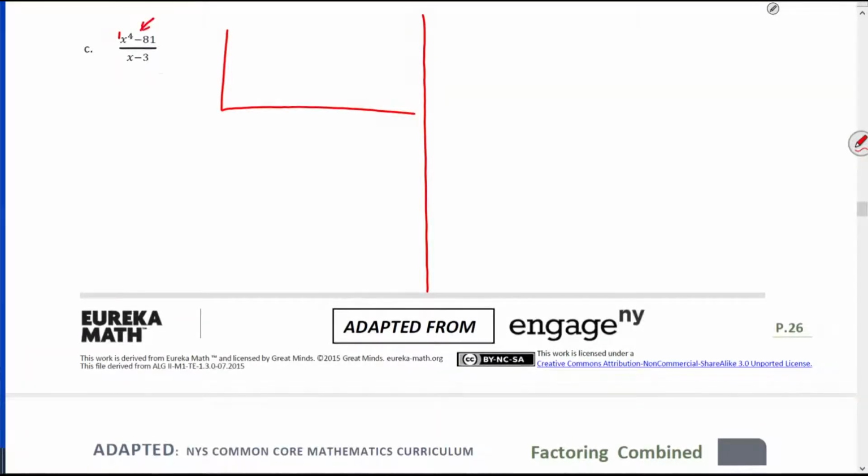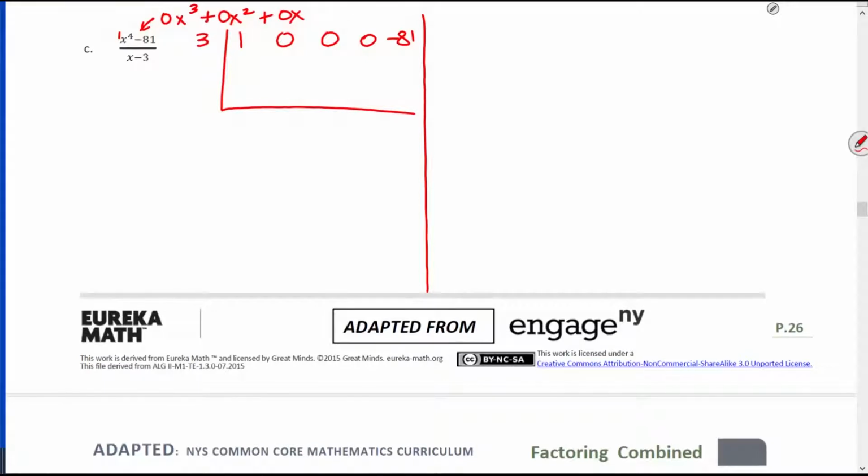I'm missing x cubed and x squared and x. So my coefficients are 1 and 0x cubed and 0x squared and 0x and minus 81. And then the number I put over here is the change of sign of this minus 3. I'll put a positive 3 here.